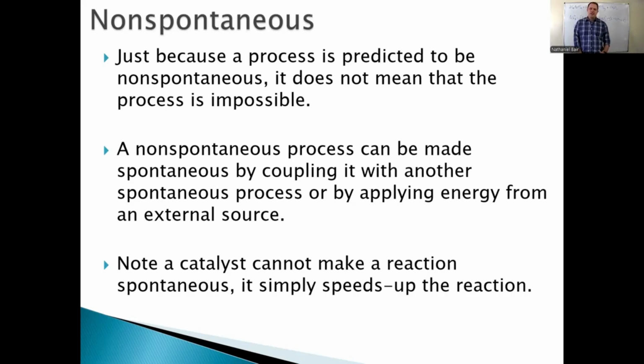Catalysts can't make a non-spontaneous reaction spontaneous. All that a catalyst can do is take a spontaneous reaction that would happen on its own anyway and make it more spontaneous. So a catalyst cannot suddenly take a reaction that would not happen on its own and make it happen. The reaction has to be able to happen on its own in order to find something to speed it up. Okay, so watch out for that.